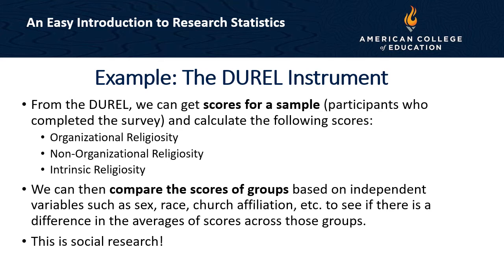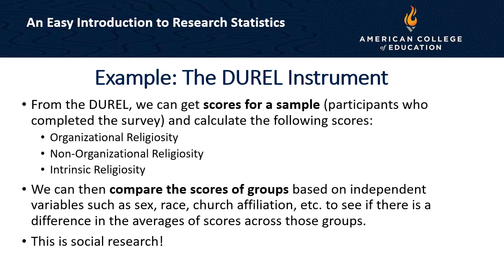So once we have those scores from the sample, we can compare the scores of groups based on independent variables, which we'll talk about in a minute, such as sex, race, church affiliation, to see if there's a difference in the average scores across those groups. So for example, I might want to say, is there a statistically significant difference between males and females for organizational religiosity?